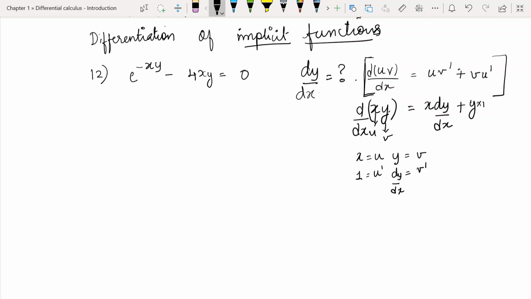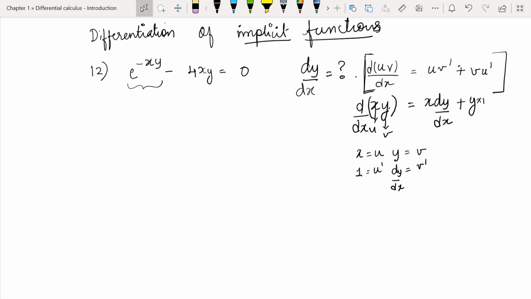Okay. So now let me differentiate this. e power minus xy is nothing but e power minus xy multiplied by, there is already an inherent minus here. So that minus we will put here and differentiation of only the xy term within brackets.